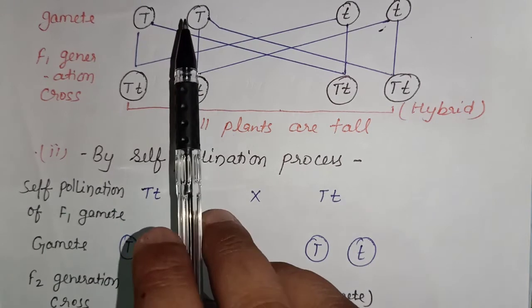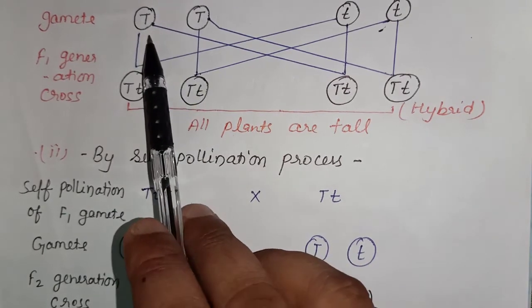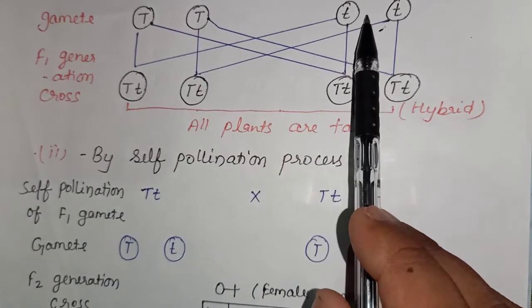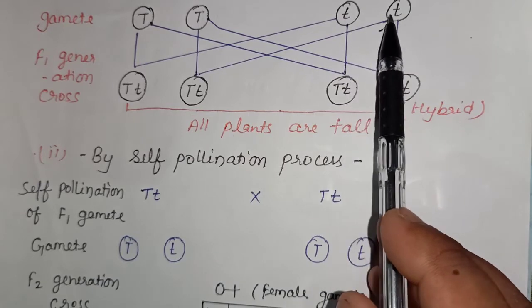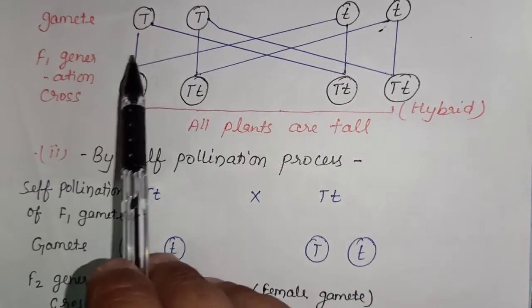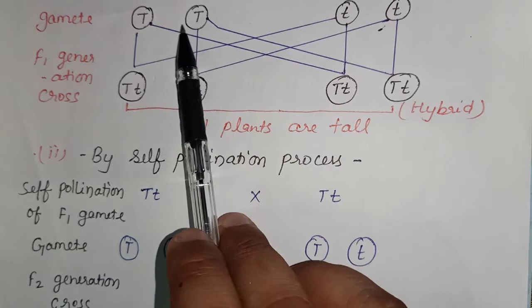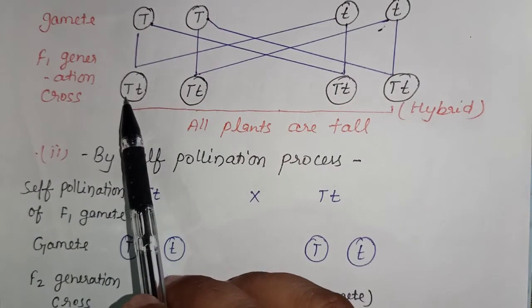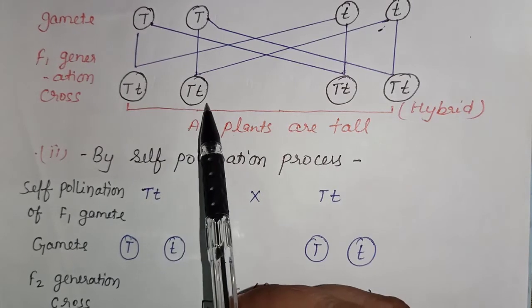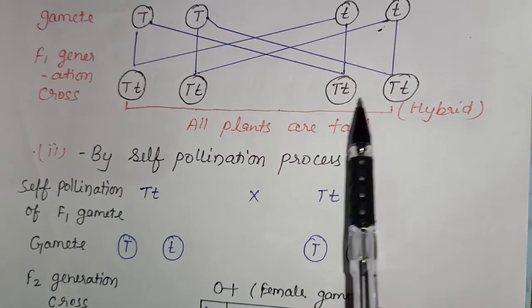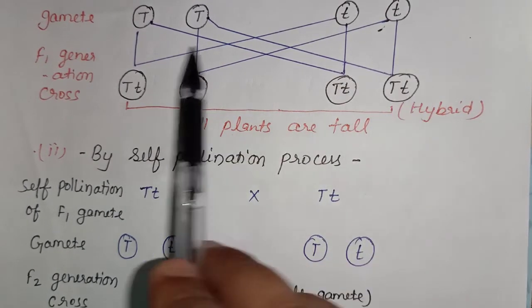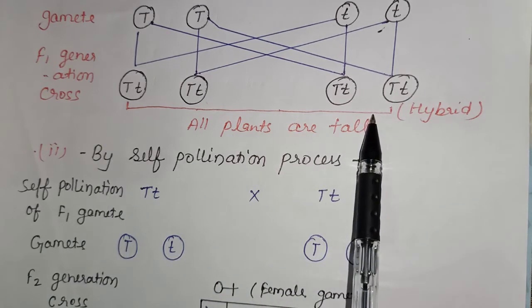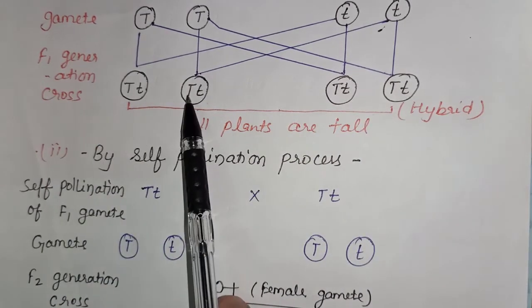The tall plant has gametes of capital T and the dwarf plant has gametes of small t. When we cross tall plant and dwarf plant, in F1 generation we found capital T small t, capital T small t, capital T small t and capital T small t. All the plants that are generated in the F1 generation are hybrid tall.